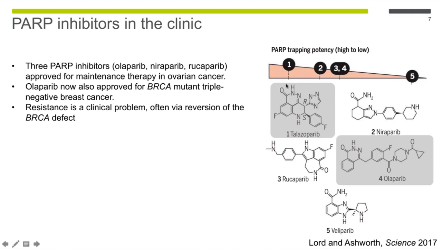I'll show some more data on that later in the talk. The other outlier on this trapping potency scale is veliparib, which, although it's a good inhibitor of PARP's enzymatic activity, seems to cause relatively much less trapping than the other drugs. It's not really clear yet if this is relevant in the clinic or not, but it's an interesting difference between these drugs.